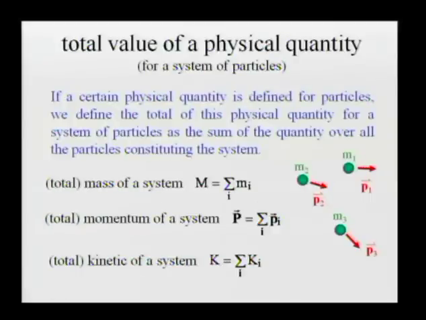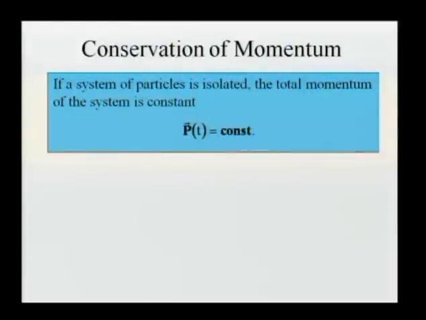All right. Now, the quantity which we discussed last time, momentum: we defined so far the momentum of a particle. For an object, what do we understand by total momentum? The sum of momenta of all of the particles.